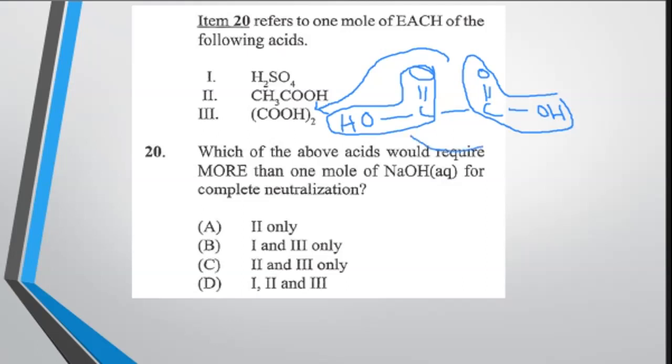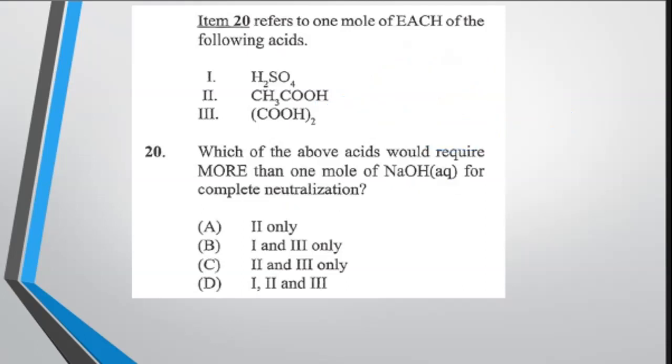Because I have 2 of the acid groups, I have a diacid. Okay, no problem. So they ask which of the above acids would require more than 1 mole of sodium hydroxide for complete neutralization?